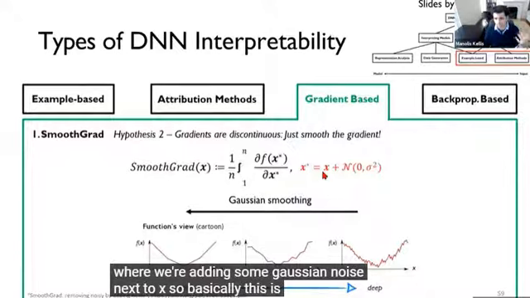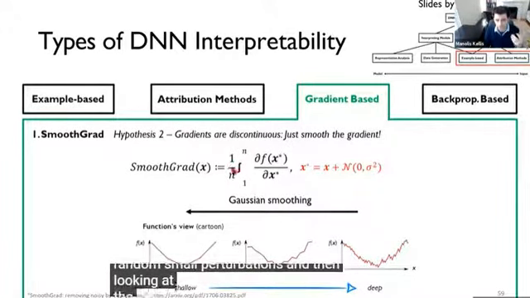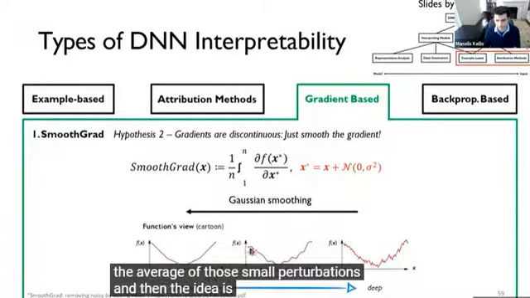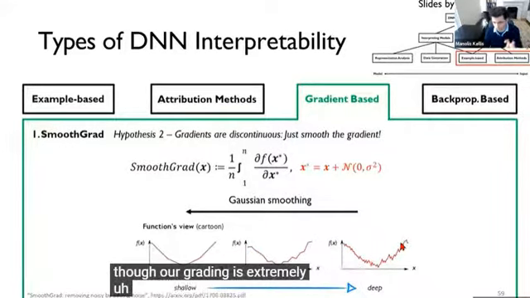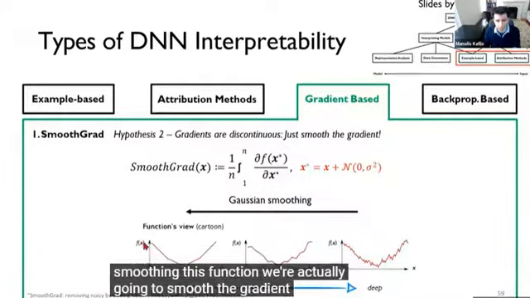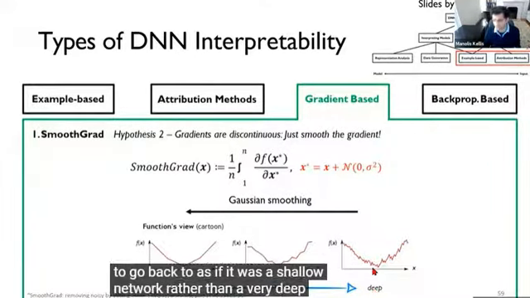So basically, these are random small perturbations, and then looking at the average of those small perturbations. And then the idea is that, even though our gradient is extremely jagged, by smoothing this function, we're actually going to smooth the gradient to go back to as if it was a shallow network rather than a very deep network.